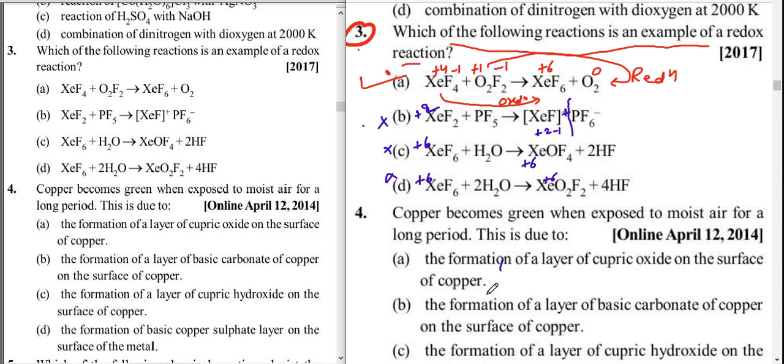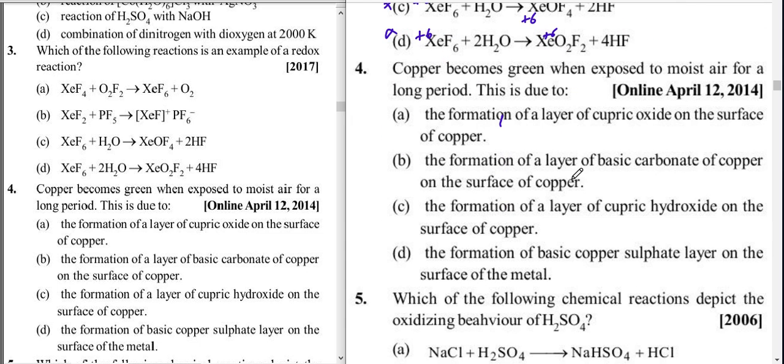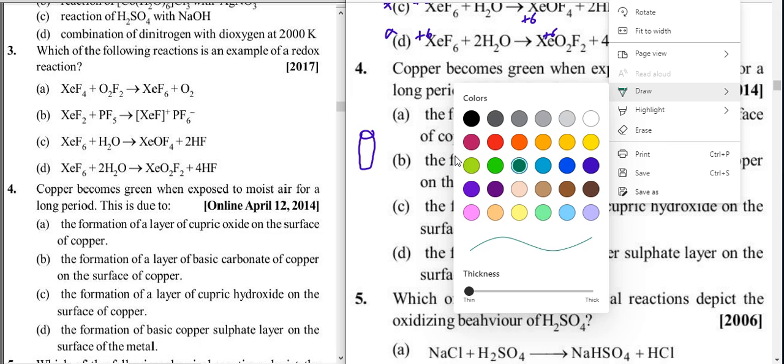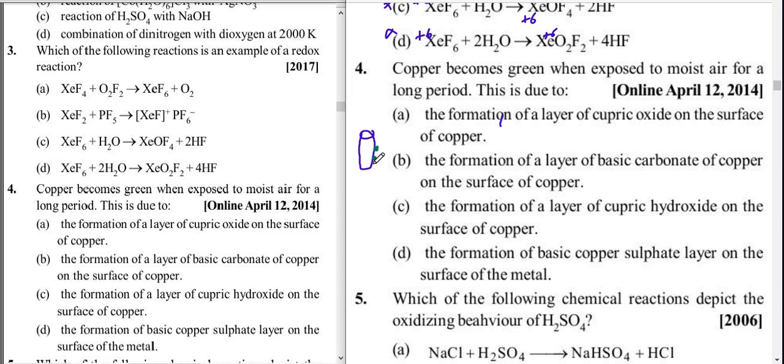Fourth. Copper becomes green when exposed to moist air for a long period is due to. See, copper utensils you may see outside. Suppose a copper glass is there, on the outside it is getting many green spots.